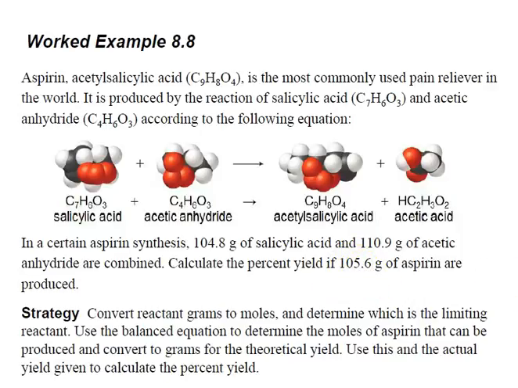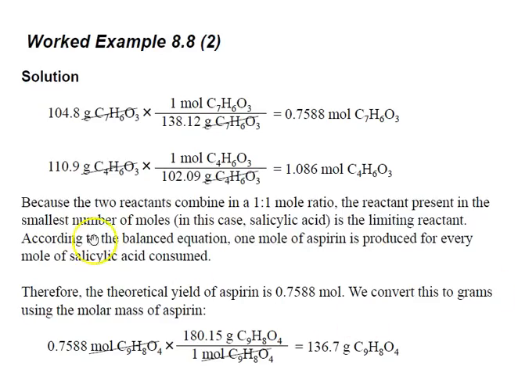All right, so let's take a look at these numbers. Starting with the mass of our salicylic acid, we have our molecular weight of it. Hopefully this is calculated right. 7 carbons, 6 hydrogens, 3 oxygens. Mass cancels, leaves us with moles. And here we have our acetic anhydride, 110.9 grams of that.